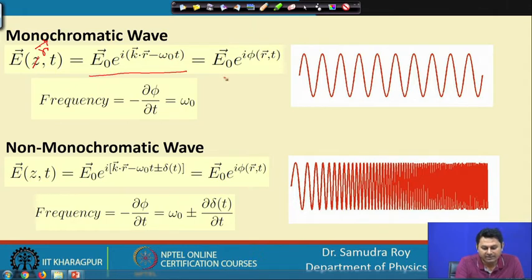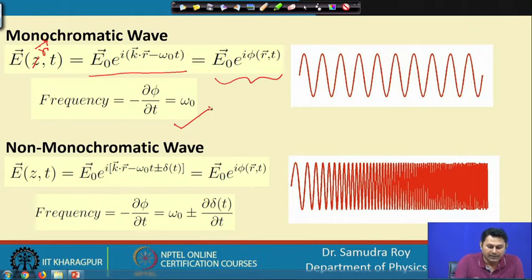And if I write this in the phase form, this is the phase. So, phi of r, t is the phase. So, this is e to the power i times this term. Now, how is the frequency defined? We know the rate of change of phase with respect to time with a negative sign is the frequency. So, this is the expression of the frequency we have.